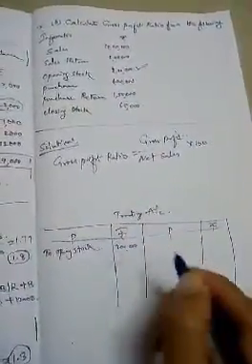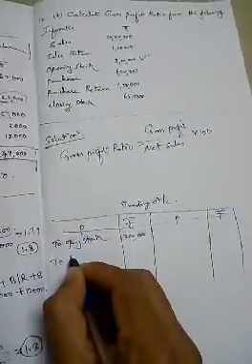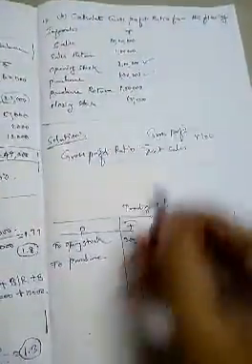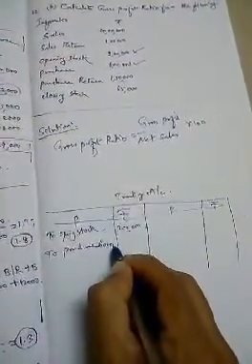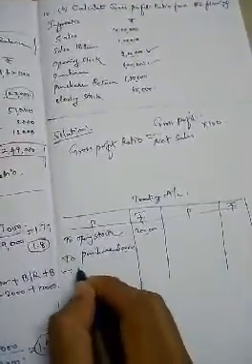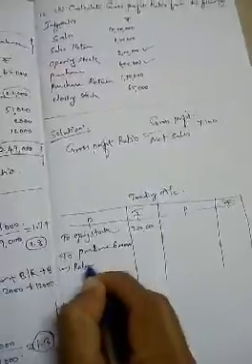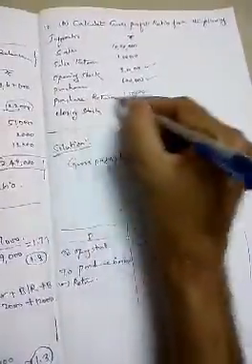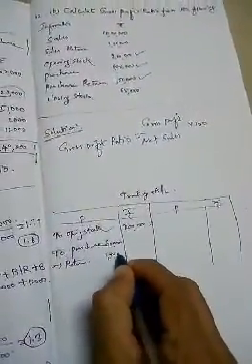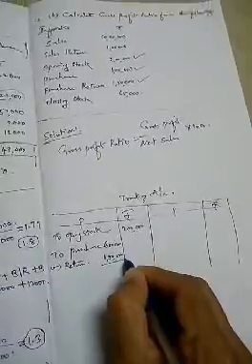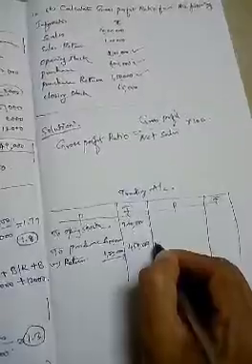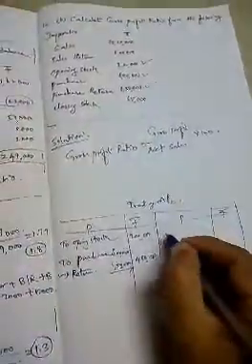So write the 2 lakh. The second item you get is purchase. What purchase did they give? 6 lakh. I am writing 6 lakhs in an inner column because you have one more thing, that is less purchase return. Purchase return is also given in the question, that is 1,50,000. If you deduct 1,50,000 you get 4,50,000.